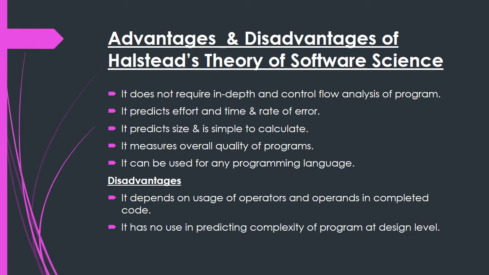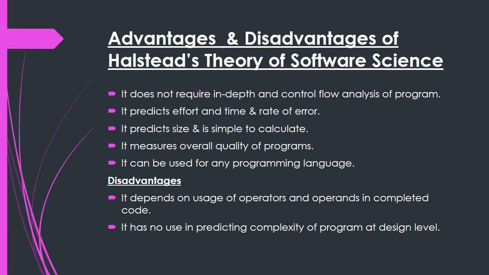We are just calculating the size, the effort and complexity based on the number of tokens, or the number of operators and operands, present inside the source code. Then it predicts effort, time and rate of error. With the help of these tokens only we can find out the effort, how much time will be required, and what the rate of error will be in the development process.